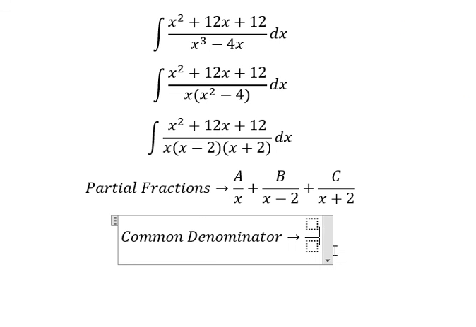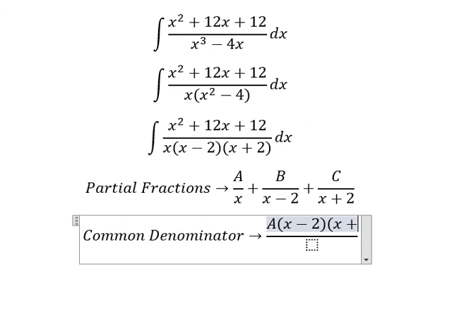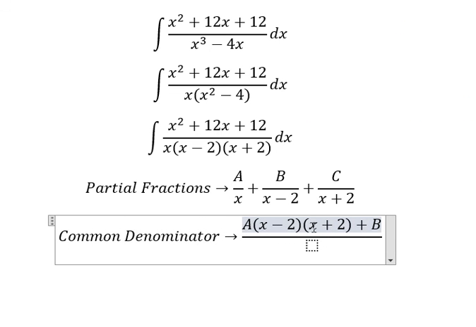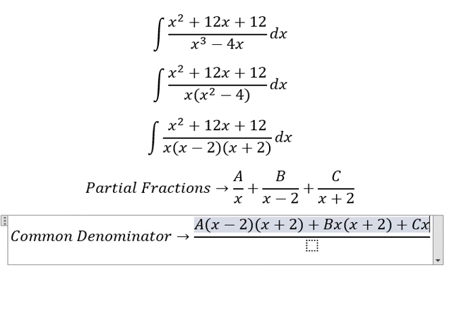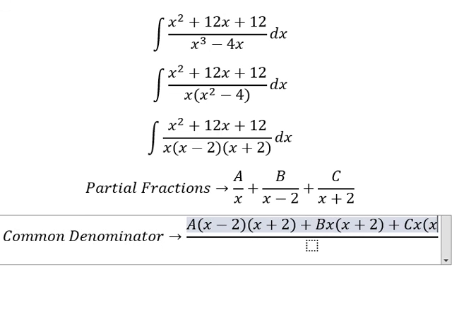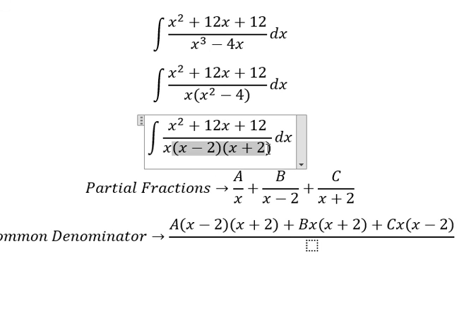So capital A will multiply by s minus 2, s plus 2. Capital B multiplied by s and s plus 2. Capital C multiplied by s and s minus 2. And then we have the same common denominator in here.